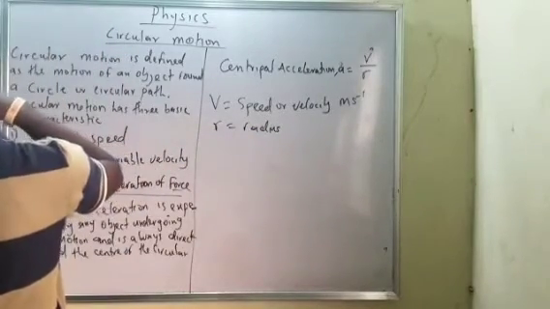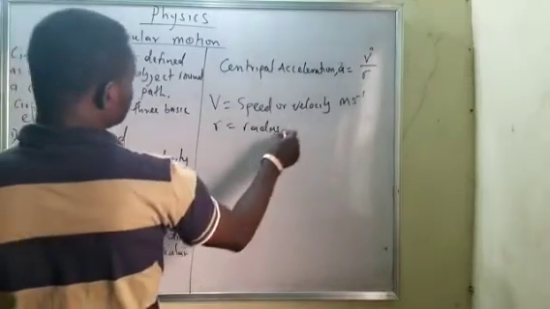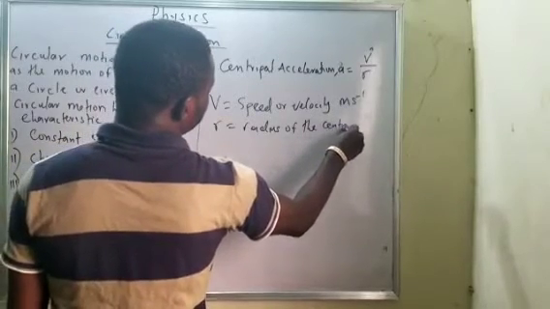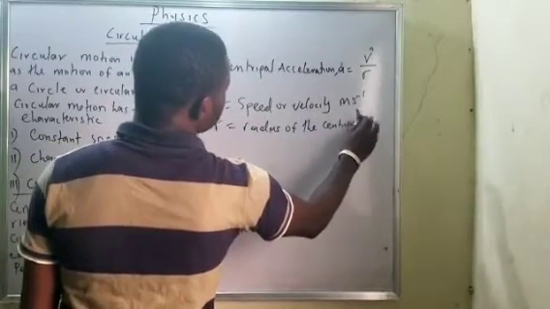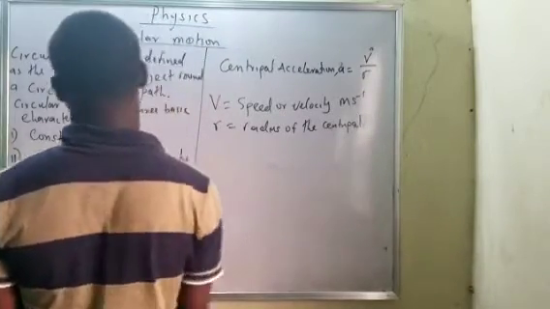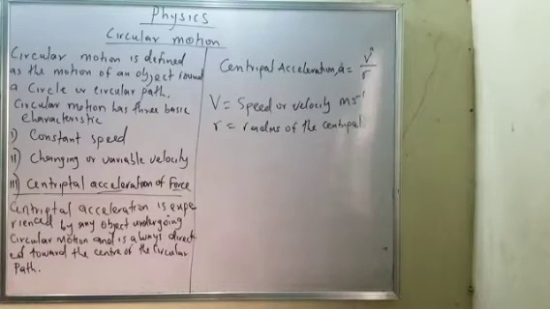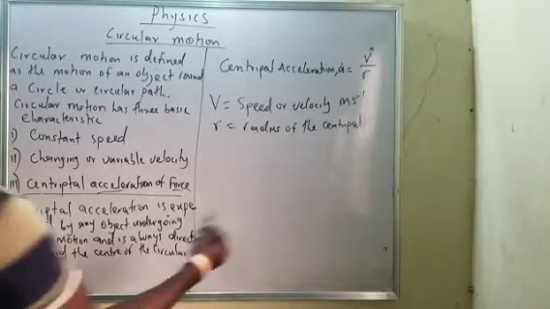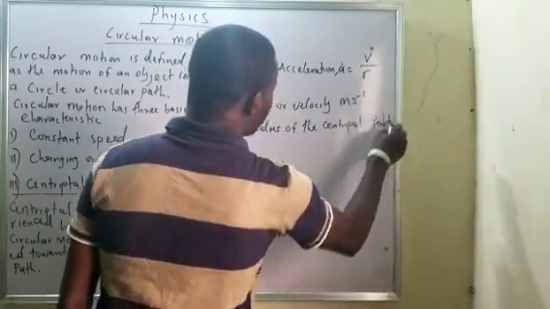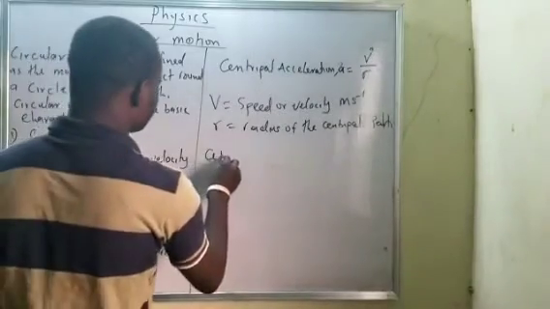The radius is always the radius of the centripetal part, wherever you can put it. Now, with this, let me move on to centripetal force.